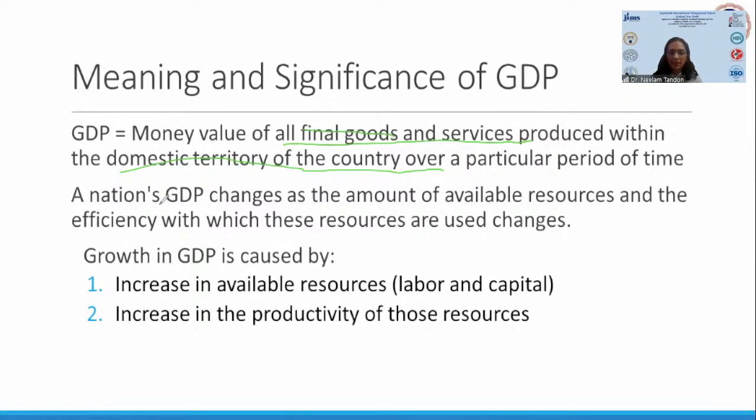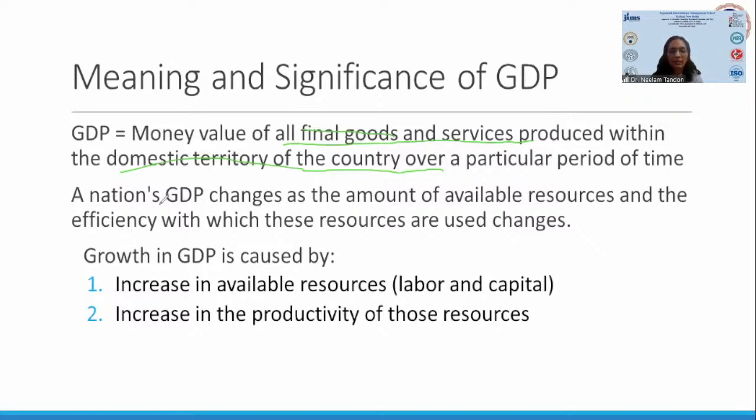You can have capital, machines and equipment, more advanced technology, production will increase. So with an increase in available resources, like in India, we have more labor, we can have more skilled labor, so production will increase. We can use modern technology, we can use the best production processes, which will increase production. So that is about the increase in GDP.